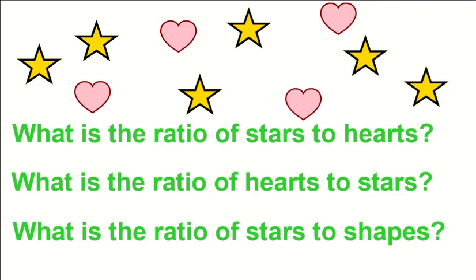All right, so we got 3 more. You can write them any way you want. Go ahead and give these 3 a try. We need the ratio of stars to hearts, hearts to stars, and stars to shapes.